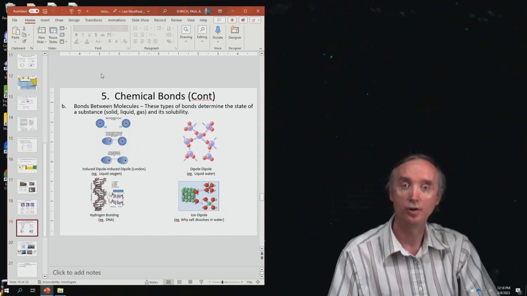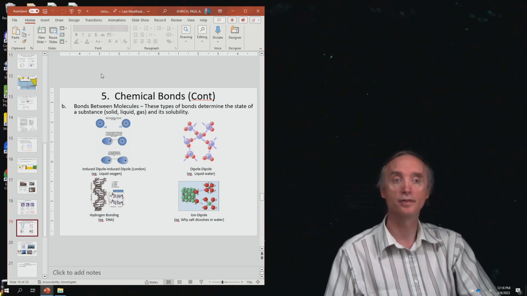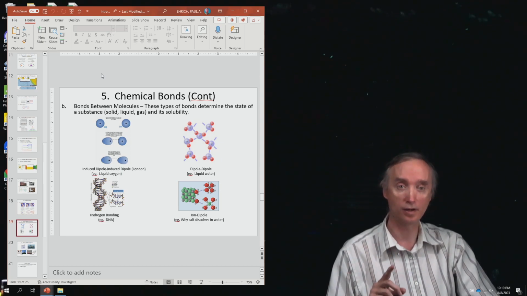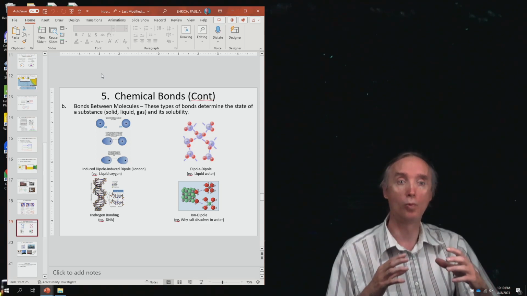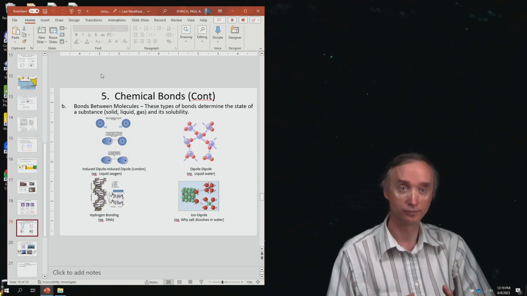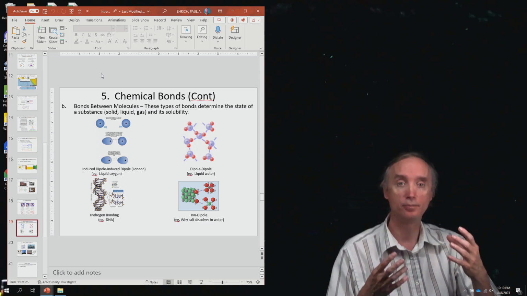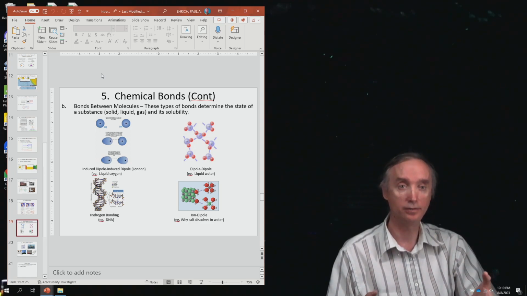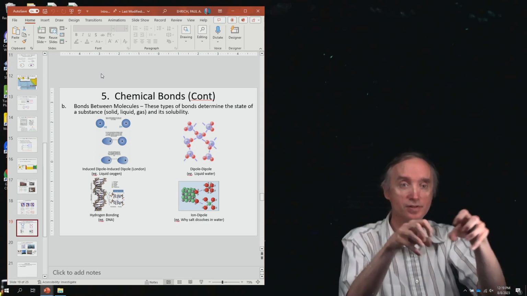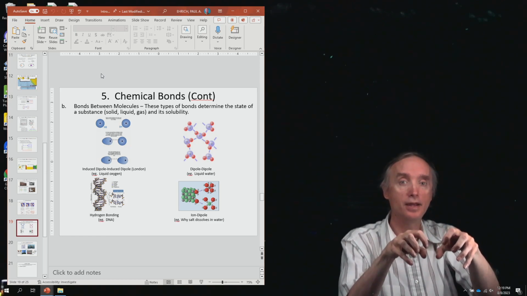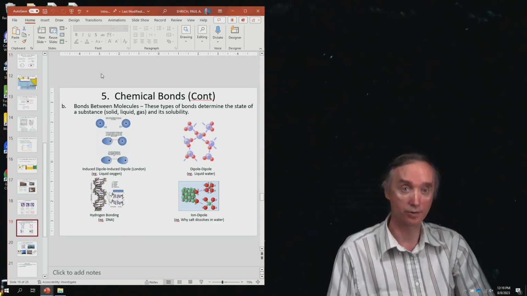Okay, then we have bonds that hold molecules together. And so I said that there were only 2 of these that you needed to know. So understand why water is polar and how the polarity of water allows it to stick to itself to make liquid water.